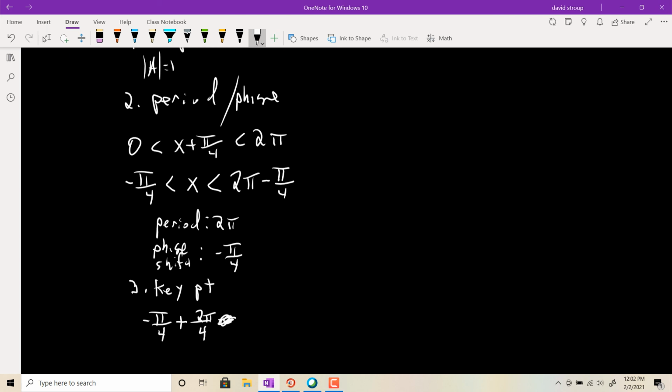So let's go ahead and draw the thing. We're going to start at negative pi over 4 and move by 2 pi over 4.